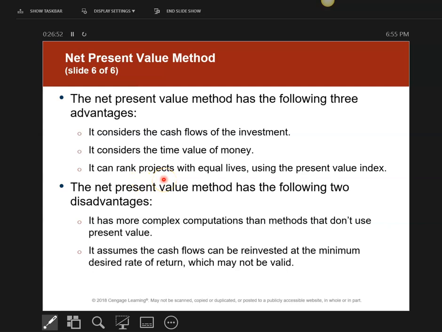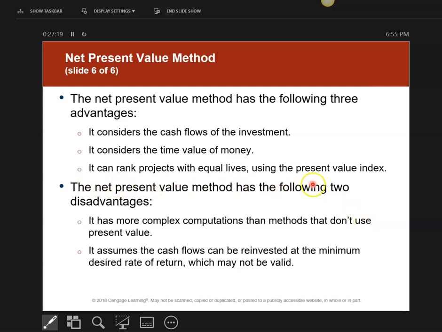If I've got multiple projects with all the same time frame, I'm going to index them. I'm going to assign an index to them, and I'm going to choose by the present value index. So these are all advantages to the NPV method. Here are the disadvantages. It's complicated. It's hard for some people actually to calculate it. So it might be difficult.